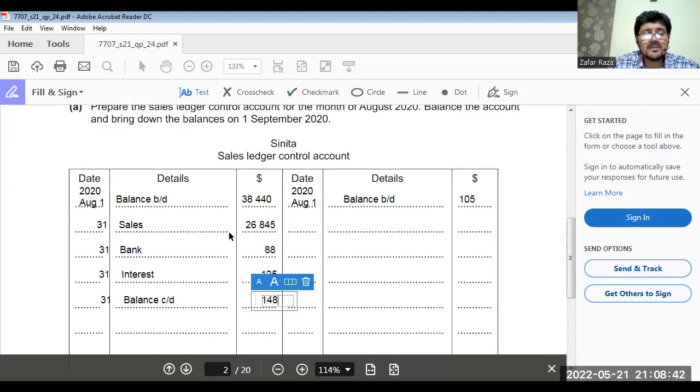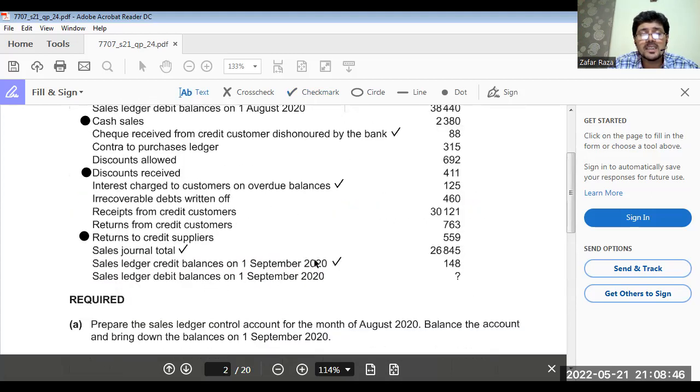Now these were the items, 1, 2, 3, 4 items, which are going to increase your sales ledger control. Okay. Now the items which decrease your sales ledger control account, I'll mark with this.